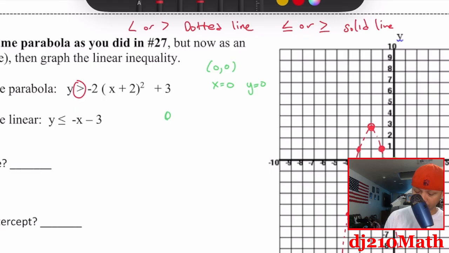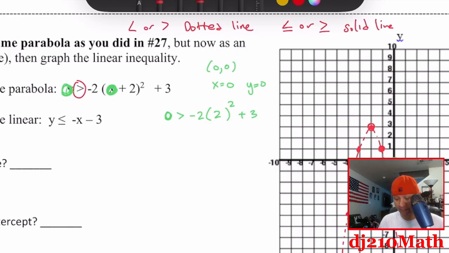So I'm going to get 0 is greater than -2 times 0 plus 2, which is just 2, squared, plus 3. I'm plugging in zeros for these.